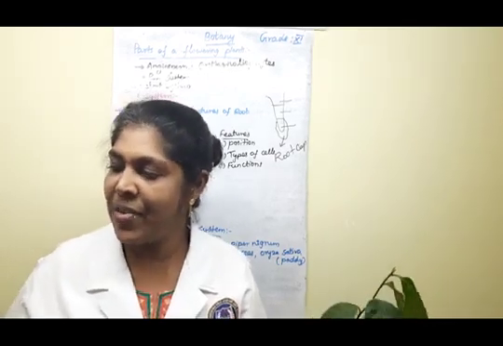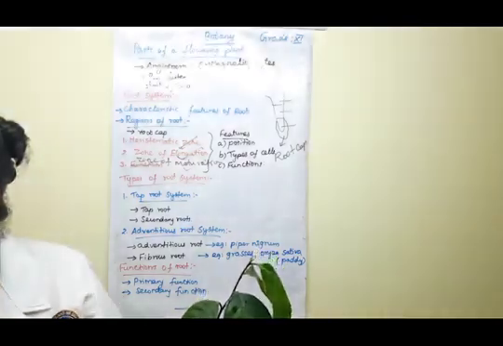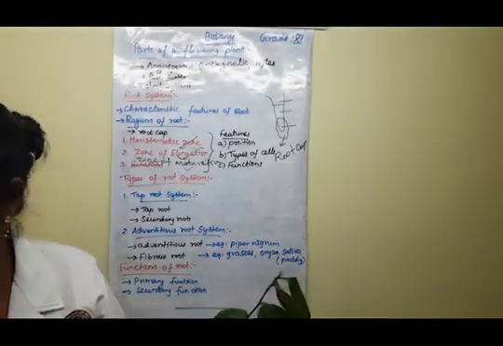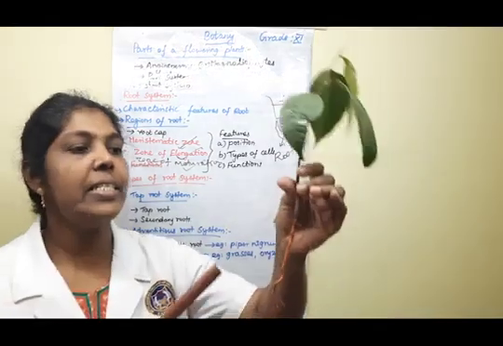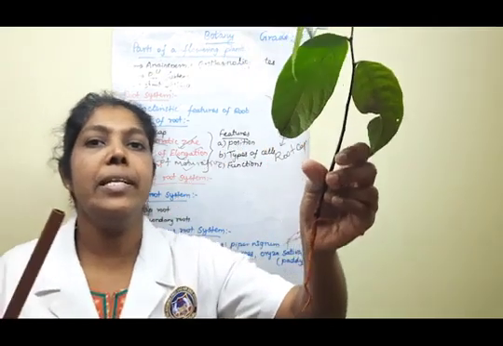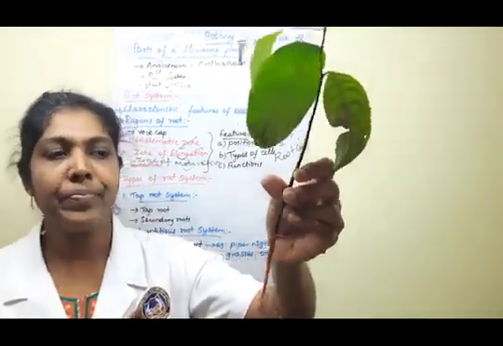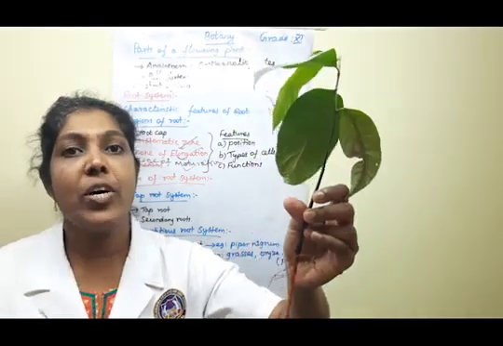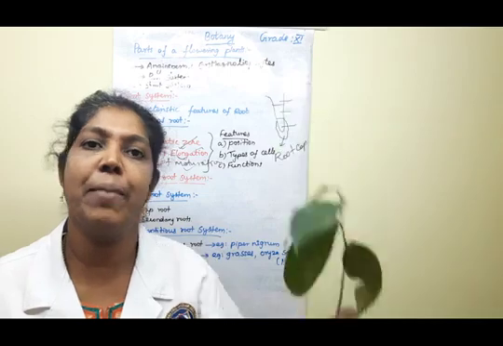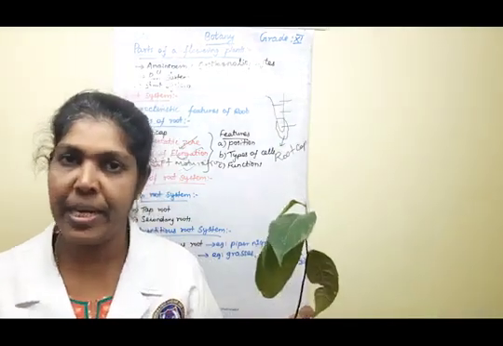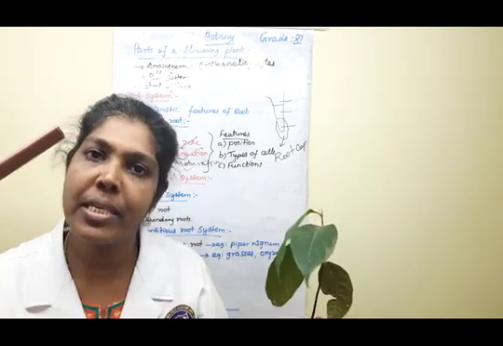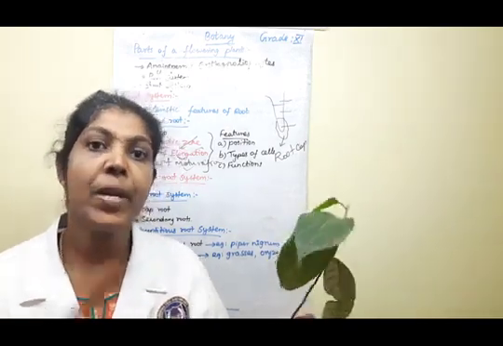The next thing we are going to learn is a detailed study of the taproot system and the adventitious root system. Clear? Yes. But first of all, when you put a seed, that is germination. The initial stage is known as the radicle, isn't it? If we put the seed in the soil, first the germination is the radicle part.